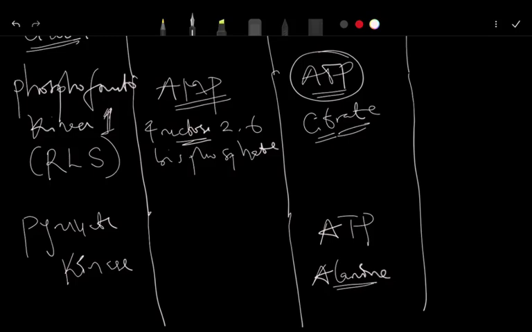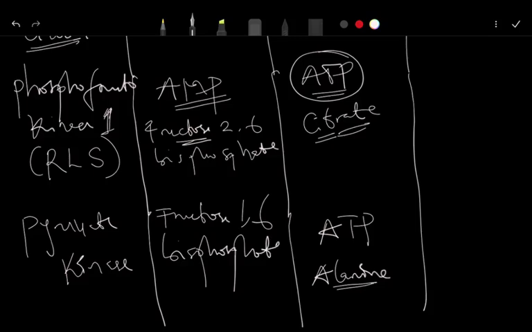Then what do you think would be the activator? The activator is fructose 1,6-bisphosphate. You know that is the product we got from PFK1. Are you there with me?